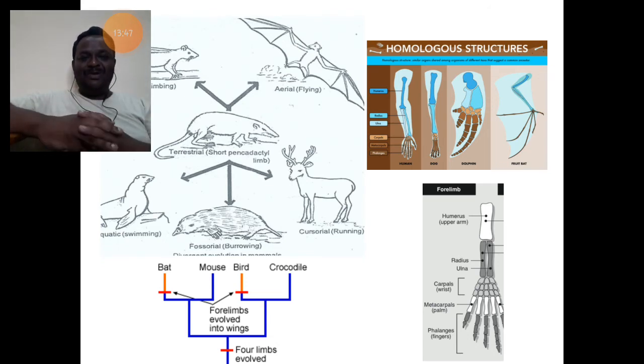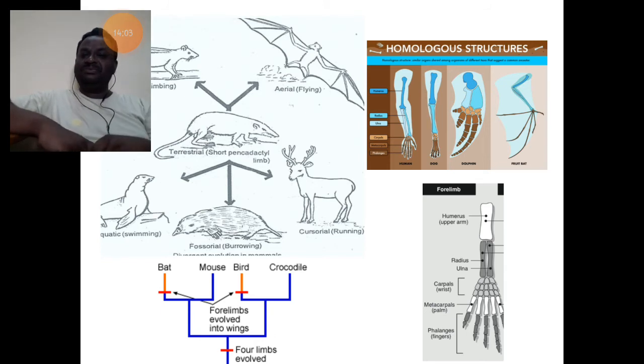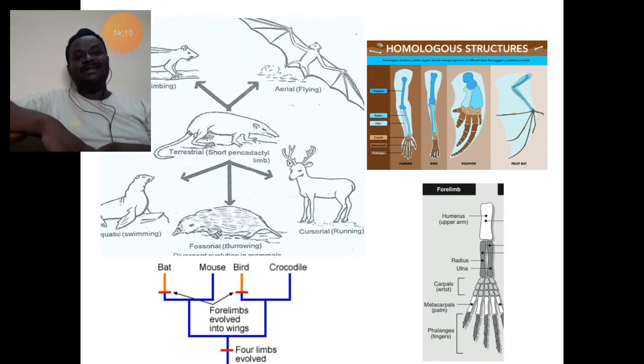Down in the picture, when you look at the pictorial representation of divergent evolution, one single ancestral form of mammal is giving rise to different forms. Those different forms are obtained from a common ancestor, hence it is also called monophyletic evolution. Mono means single, phylo refers here to ancestor.